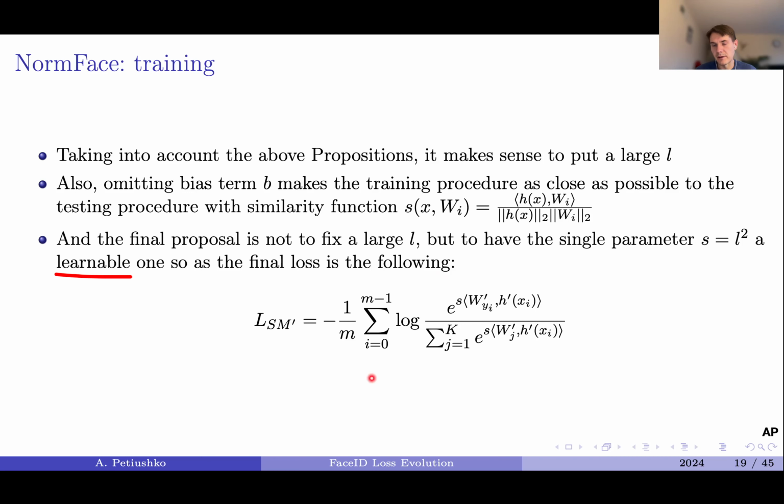Again, just softmax loss, but we have S here, and S here, and here we have W prime and H prime as normalized versions. I think it was one of the first papers that introduced this letter S, and everywhere else after that everybody would be using this letter S.